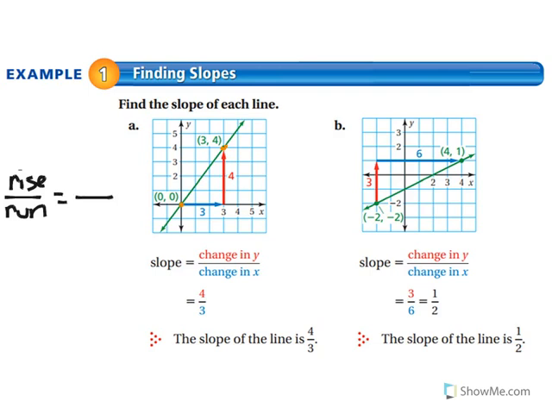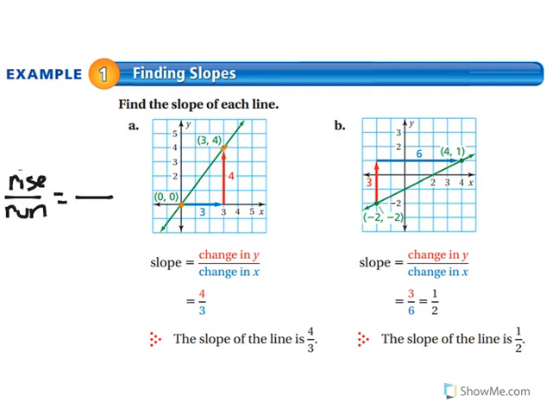Actually, we'll do the run first. It doesn't really matter which order you go in. To me, it depends on the direction of the graph and my points. It really makes no difference, though. But let's do the run first.